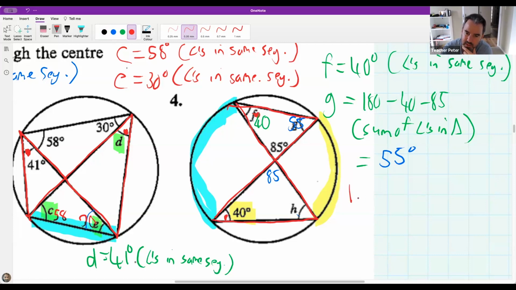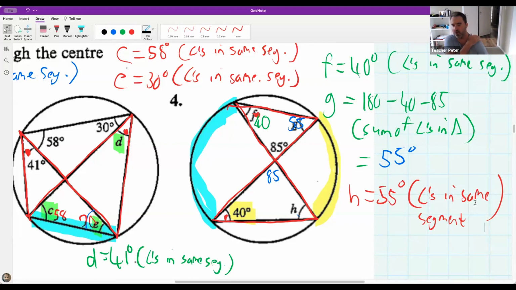And so H must also be 55 degrees, and that's going to be angles in same segment, sometimes called the butterfly theorem, but you can't write that as a reason. It kind of looks like a butterfly, but you have to make sure you know which ones go with which. So for example, this one goes with this one, and this part here goes with that one.